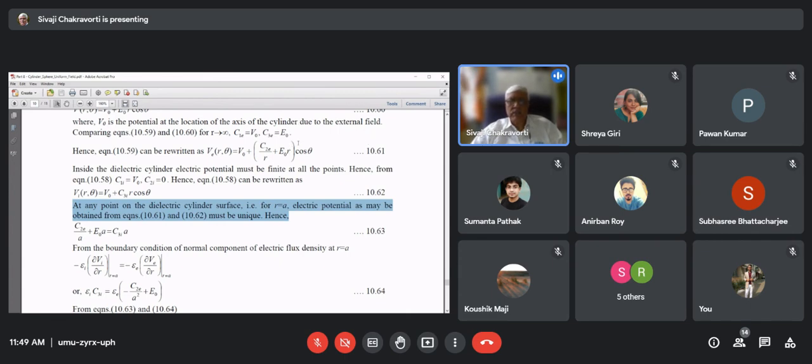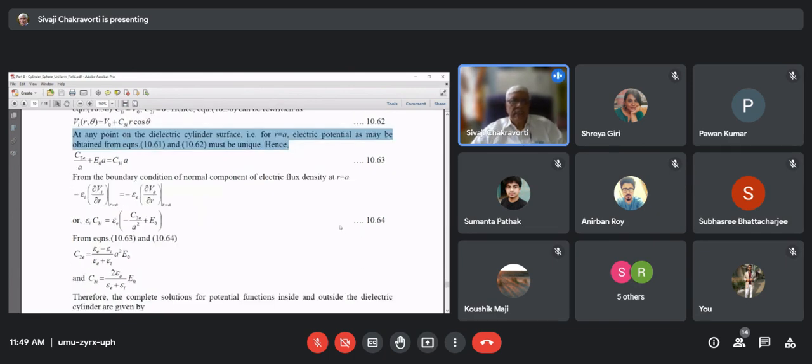So again I go to the normal component. I take minus del V del r multiplied by permittivity, which is the normal component of flux density. You can see in this equation, the left hand side is minus del V del r multiplied by epsilon at r equal to a.